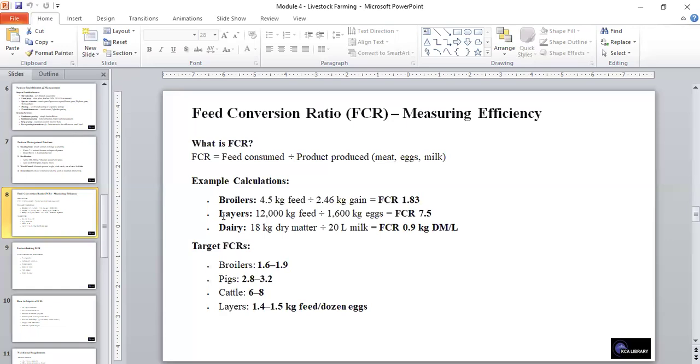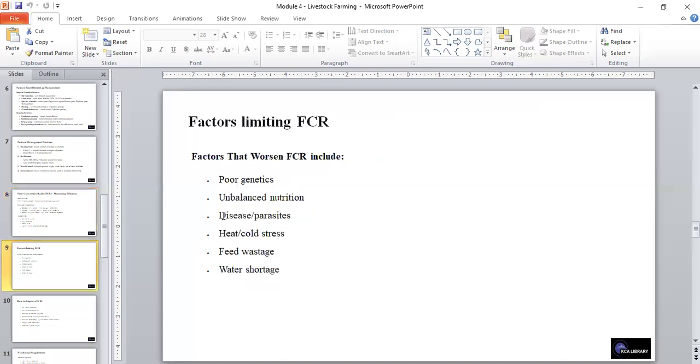Same for layers, same for dairies. So the target FCRs for broiler is 1.6 to 1.9. For pigs, 2.8 to 3.2. For cattle, 6 to 8. For layers, 1.4 to 1.5 kg feed per dozen eggs.